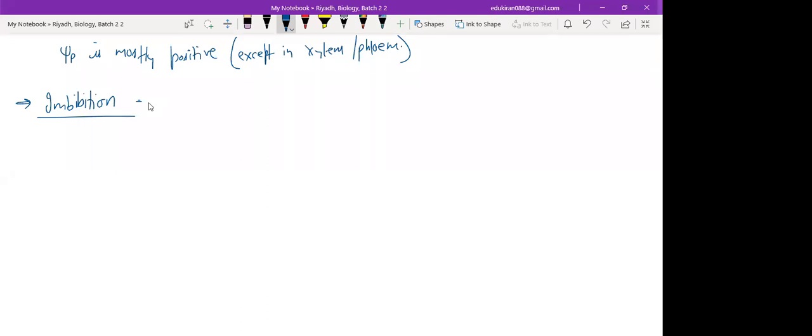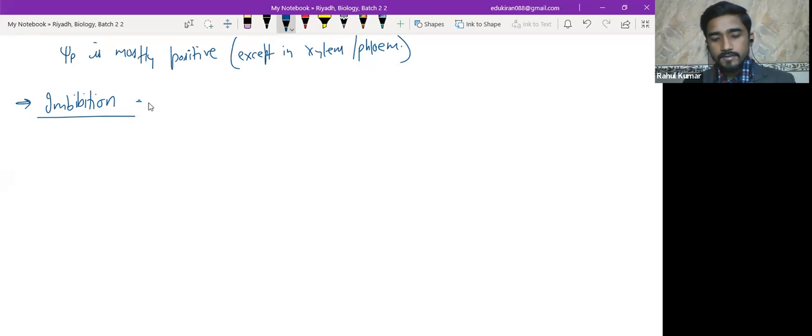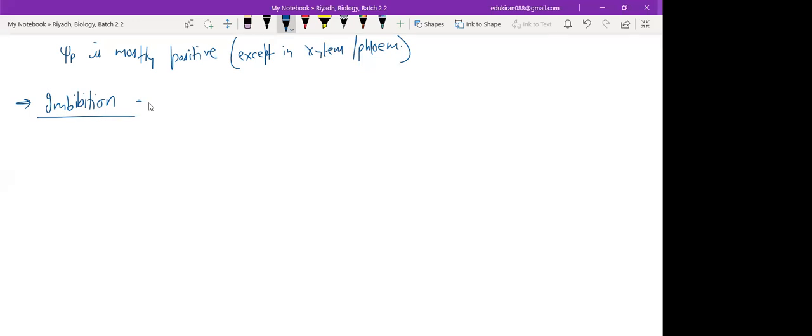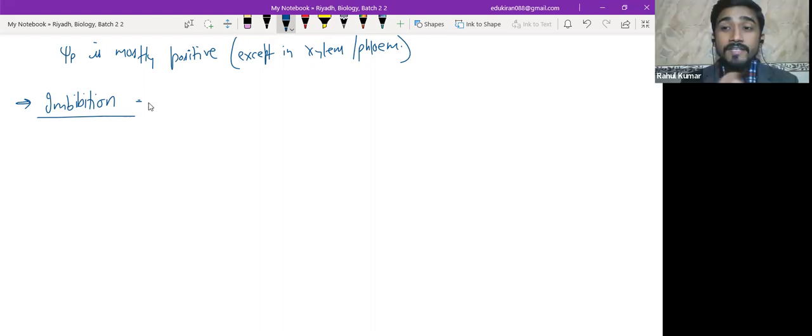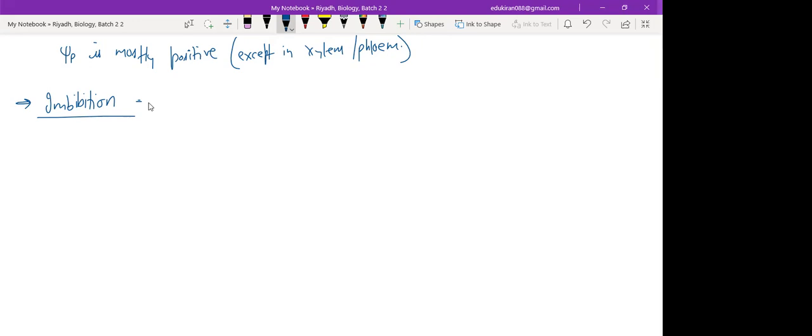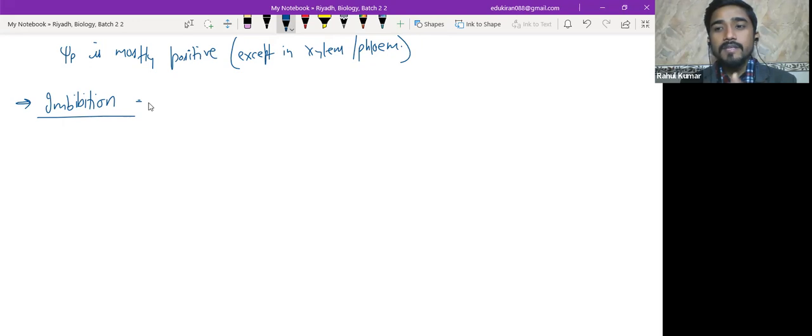Anyone knows about imbibition? It's the absorption of one substance by another. It's a special type of diffusion. What is diffusing in this case also?